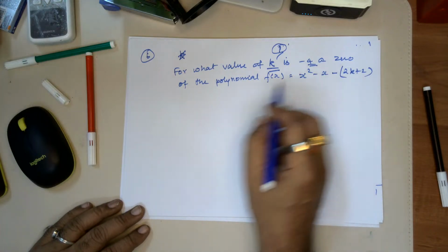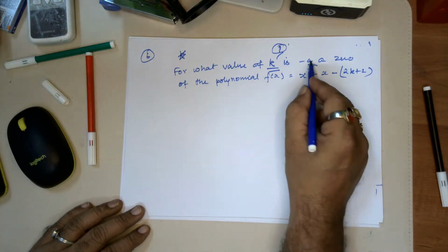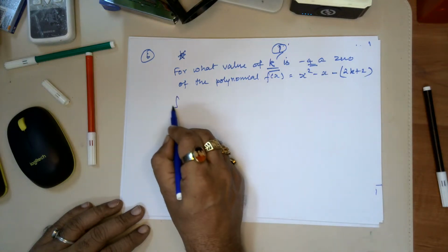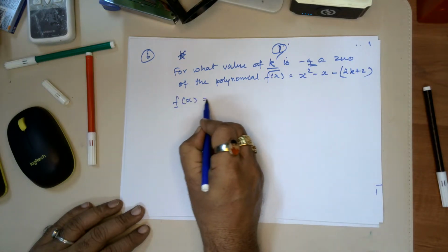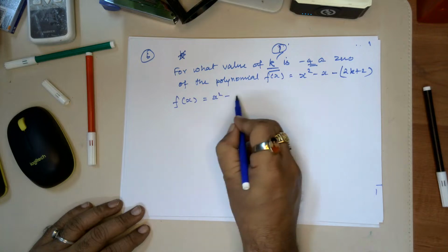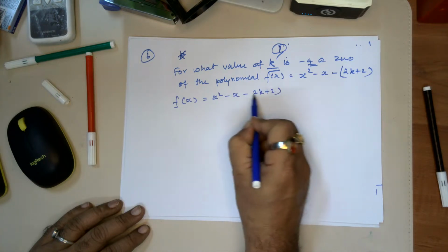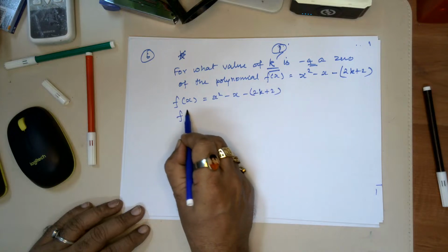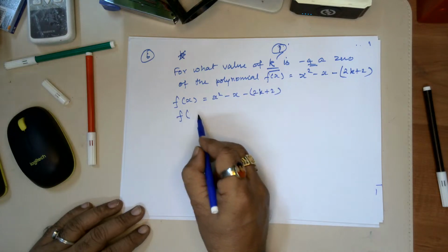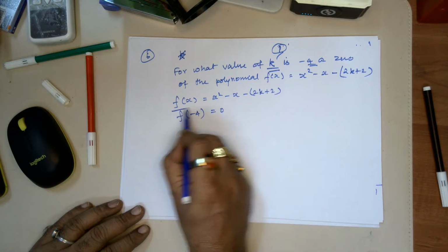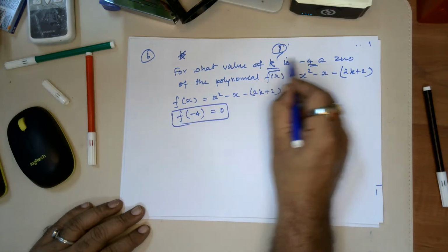So what do you mean by this? By substituting minus 4, you are able to get 0 in this. So if I put f of minus 4, that results 0. So this is the meaning of this problem.